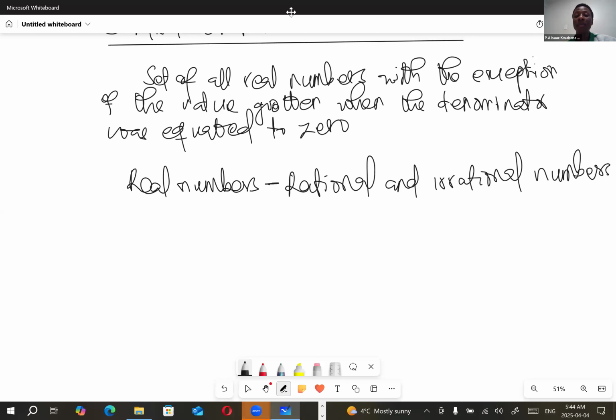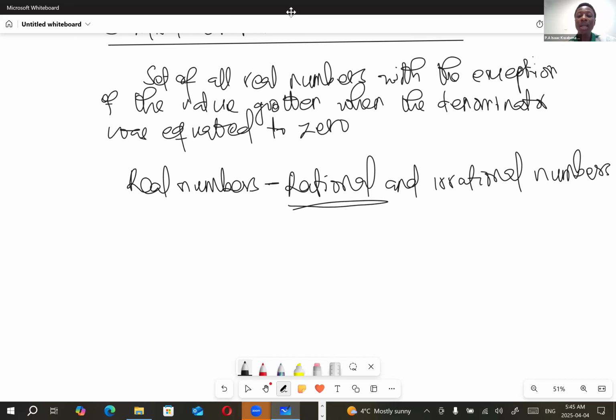What are rational numbers? Rational numbers are numbers that can be written in a fractional form, right? So any number that can be put in a fractional form is a rational number, and it's under real numbers. So let's consider rational numbers.